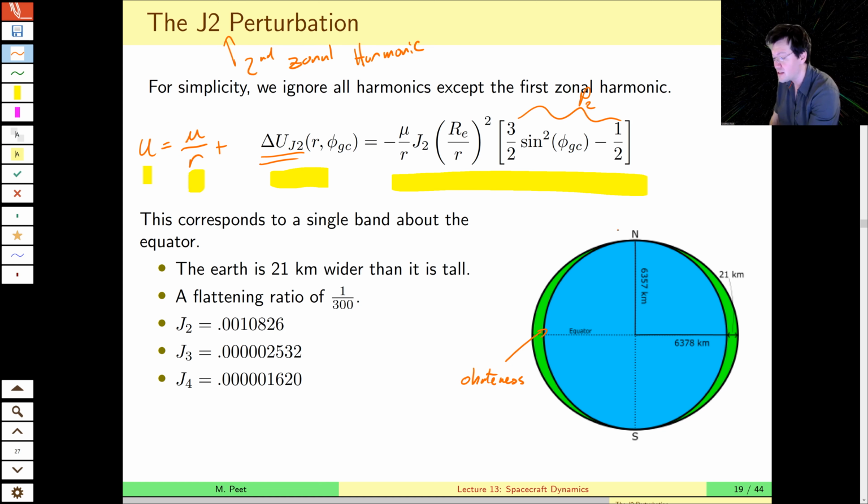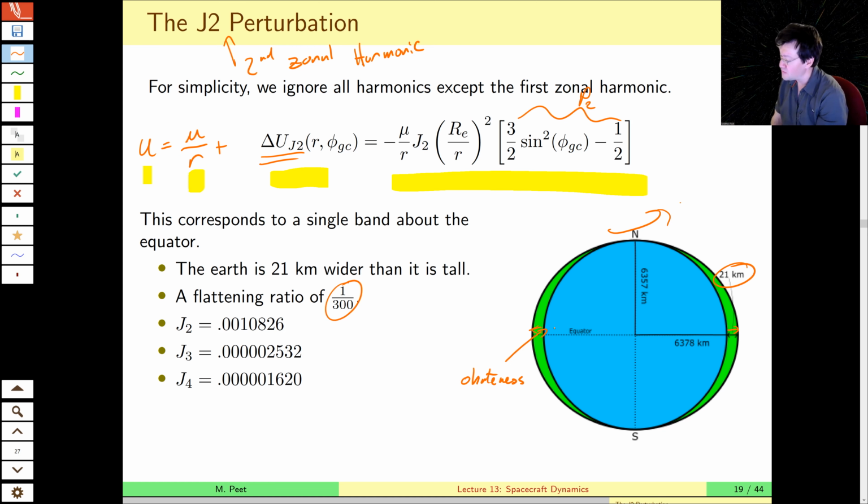So it's significant. The delta, the 21 kilometers, is significant. You can think of it as a 21 kilometer mountain which exists over the entire equator, and above the equator as well.